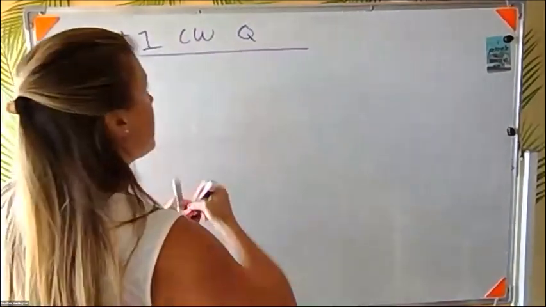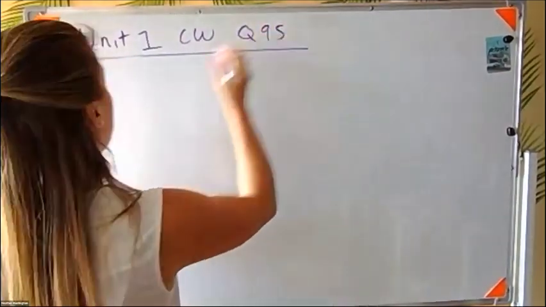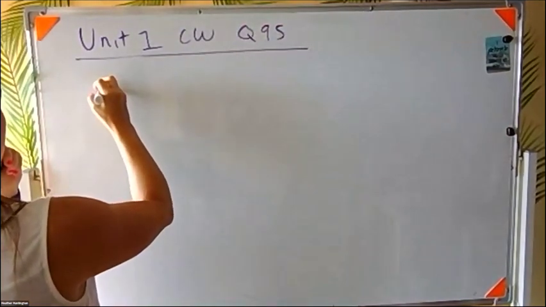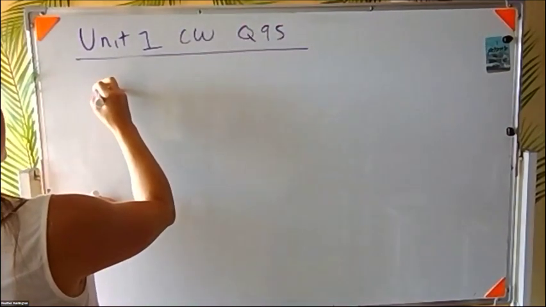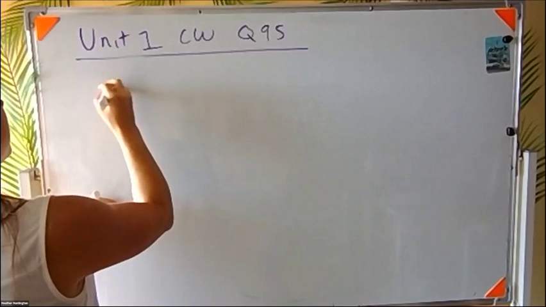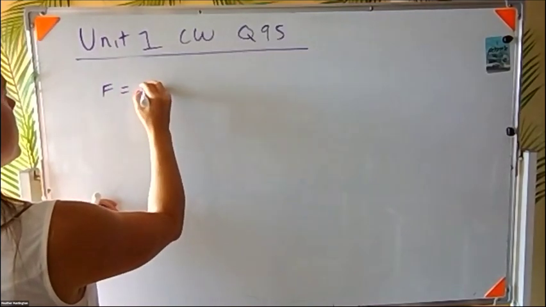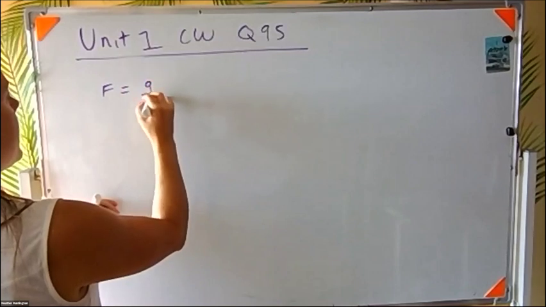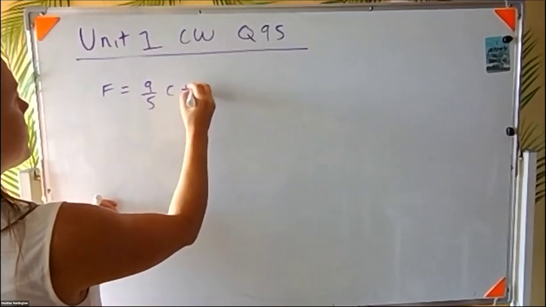All right, so let's see why. We know that we have this formula, Fahrenheit equals 9/5 times the Celsius plus 32.